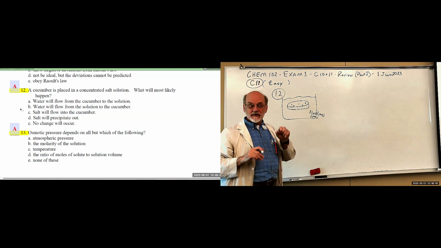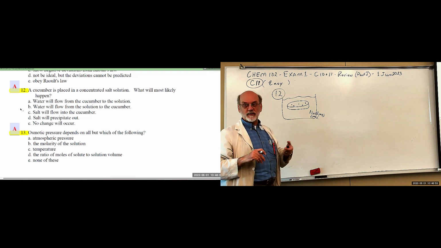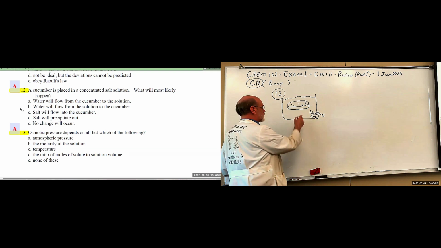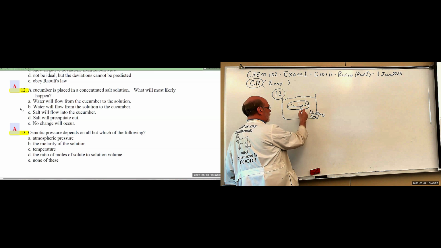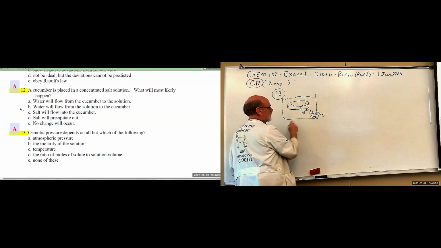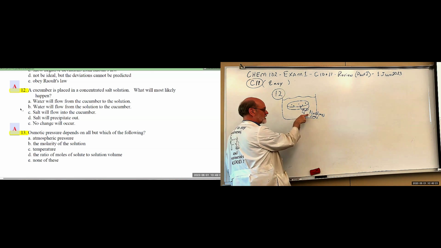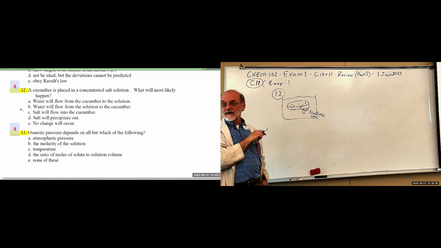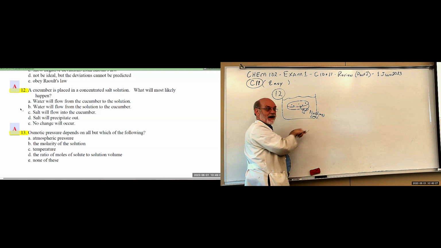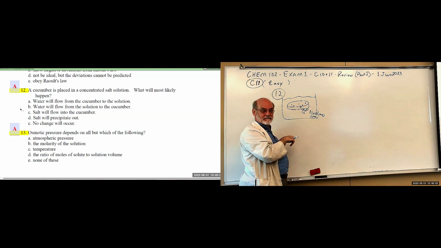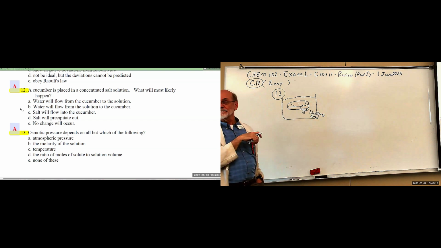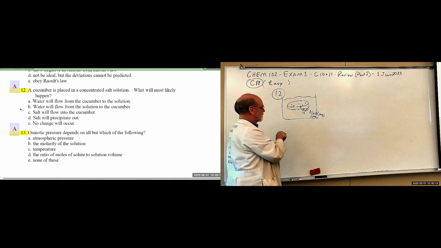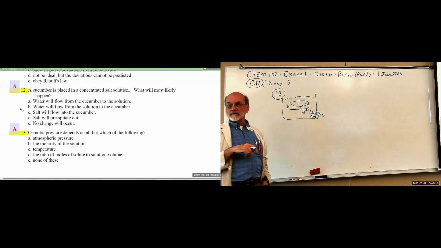Because water is the substance that's going to be moving across the semi-permeable membrane. So which way is the water going to move? Well, the concentration of water out here is lower than it is inside the cells. So water is going to move out. Where's the salt? Yeah, towards the salt solution, correct.